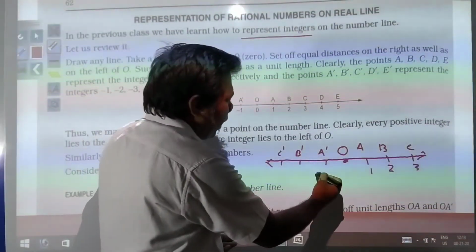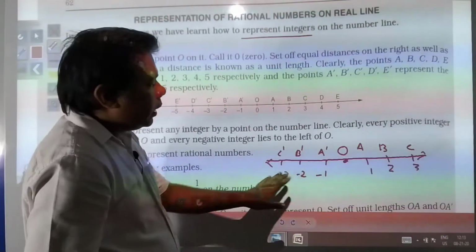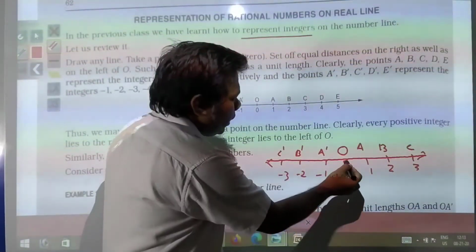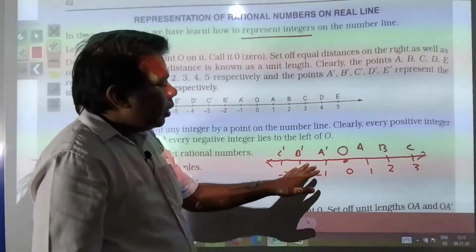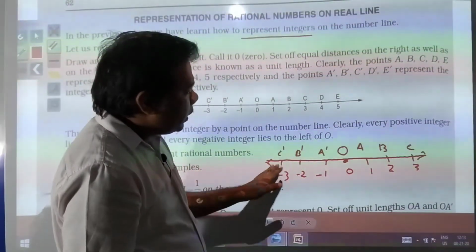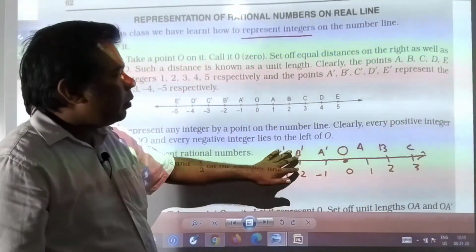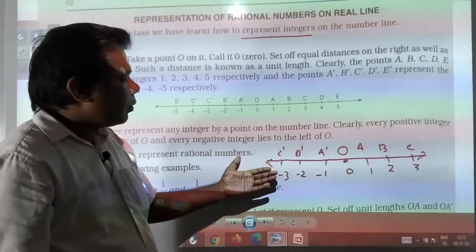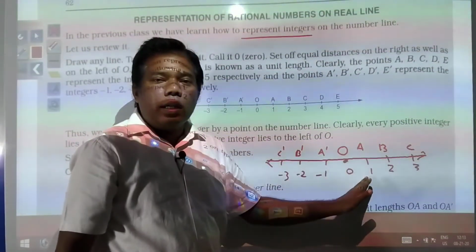On the left side you will have -1, -2, -3 and so on. So in this way, starting with 0, integers are shown or represented on the number line. The same thing is required to be done for rational numbers also. So now we will see how rational numbers are represented on the real line, on the number line.